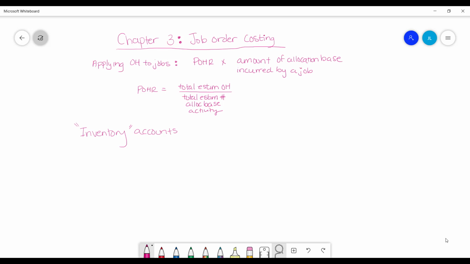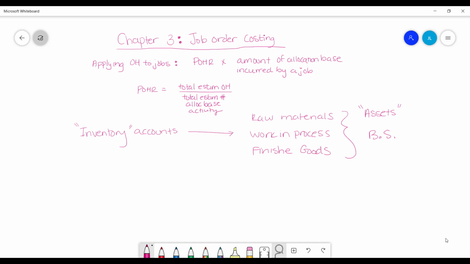There's actually more than one inventory account if you are a manufacturer. And these three accounts are as follows: raw materials, work in process, and finished goods. So each one of these inventory accounts are considered assets, right, since it's inventory, which means you will see it on the balance sheet.